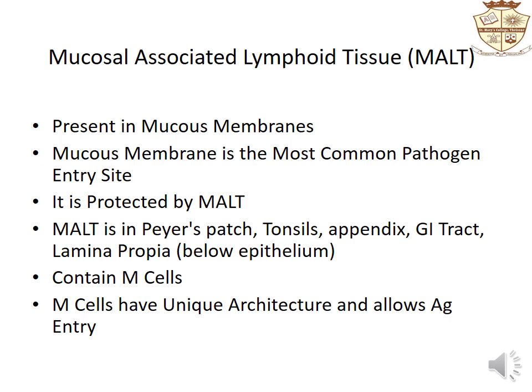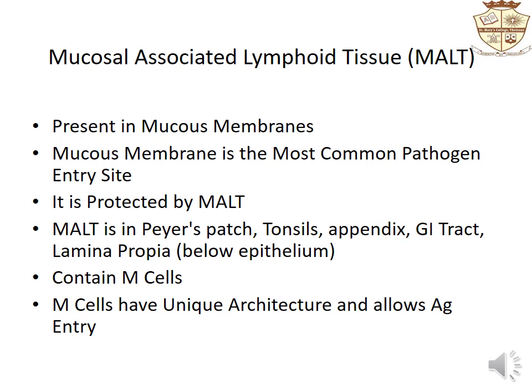There is a special type of cells known as M cells or microfold cells in the case of intestinal MALT. Microfold cells or M cells are present in the gut-associated lymphoid tissue of the Peyer's patch and in other parts of the gastrointestinal tract.